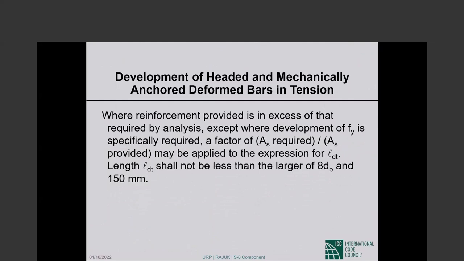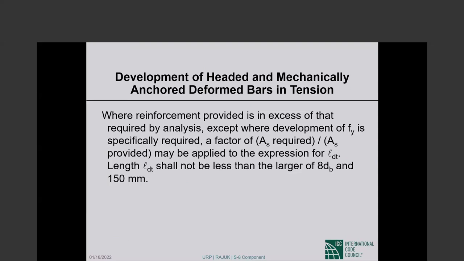Where reinforcement provided is in excess of that required by analysis, except where development of f sub y is specifically required as before, a factor of as required over as provided may be applied to the expression for L sub dt. Length L sub dt shall not be less than the larger of 8 bar diameters and 6 inches.